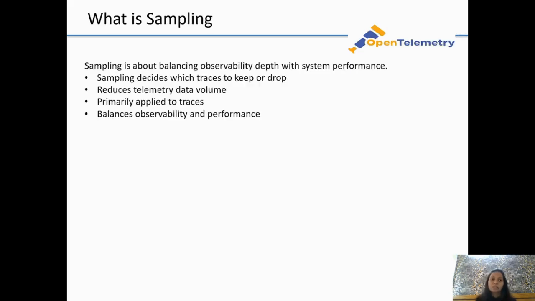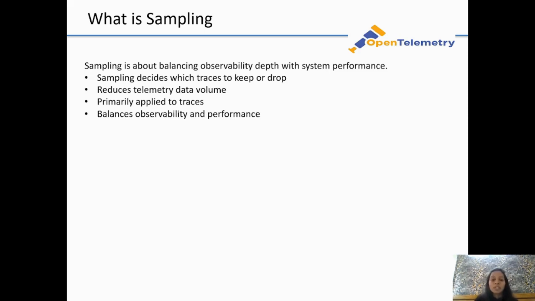So let's start with the first basic question: what is sampling? Sampling is about deciding which traces to keep and which to drop. The main goal of sampling is to reduce the volume of telemetry data, especially traces, while still keeping the data useful and representative.